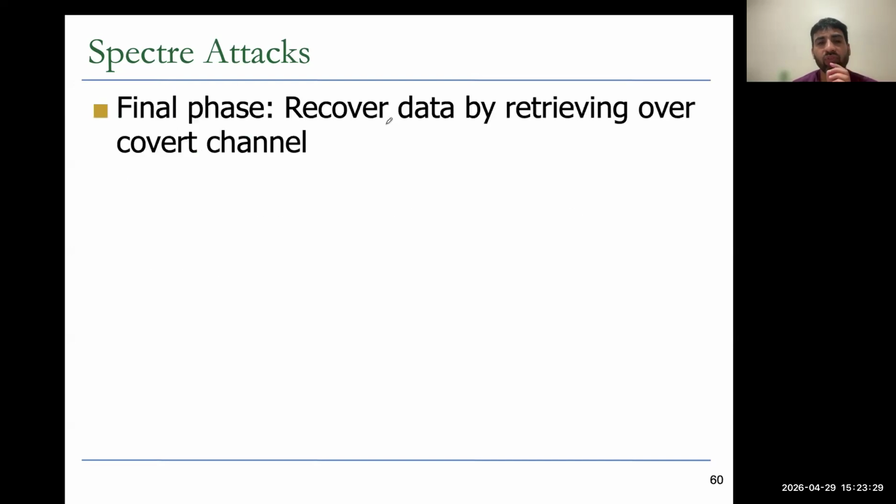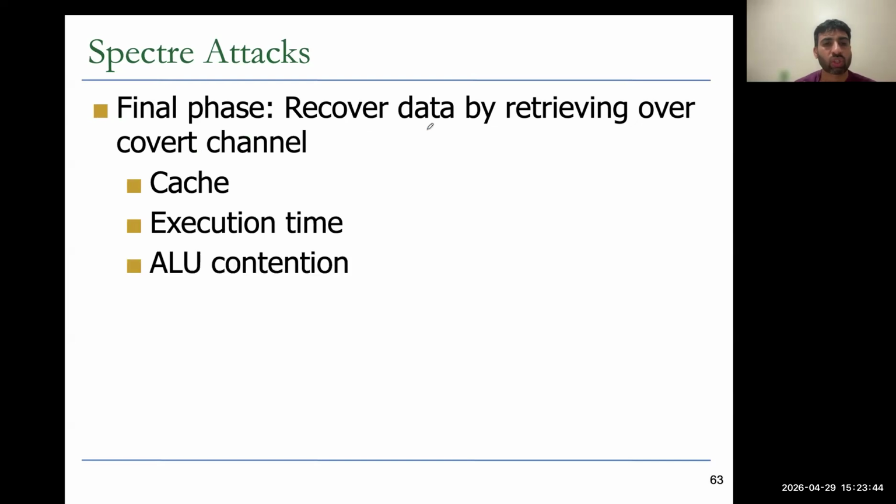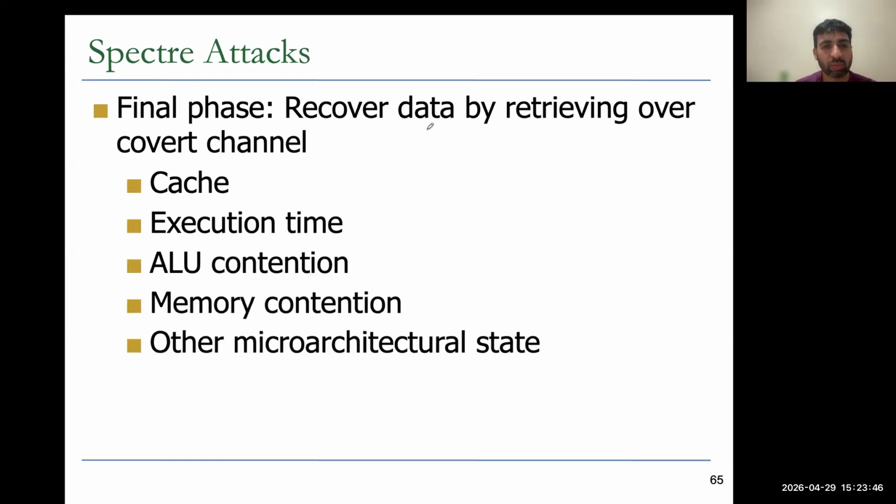Then the third phase is that the attacker comes back and tries to recover the data by retrieving the leaked data over a covert channel. Okay, and that covert channel can be cache timing, execution timing, ALU contention, memory contention, or any other microarchitectural state which can give some timing information.